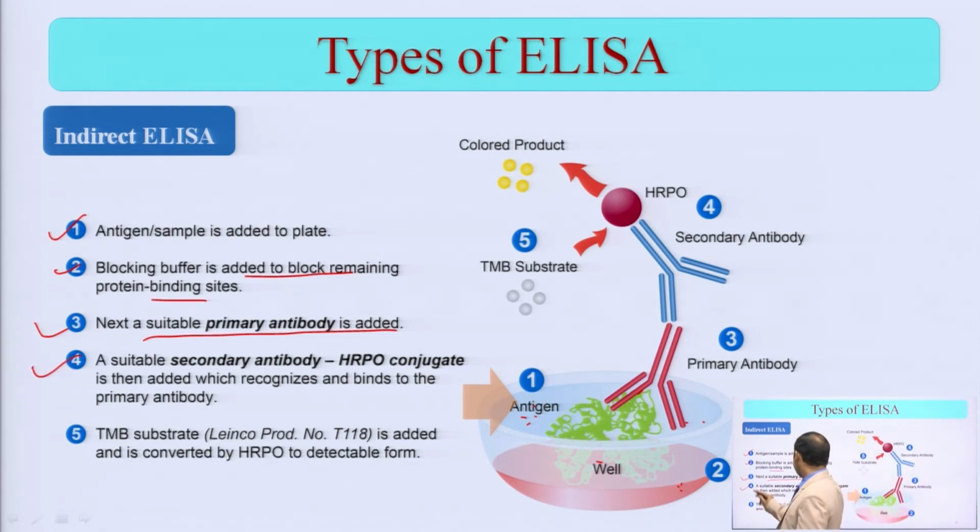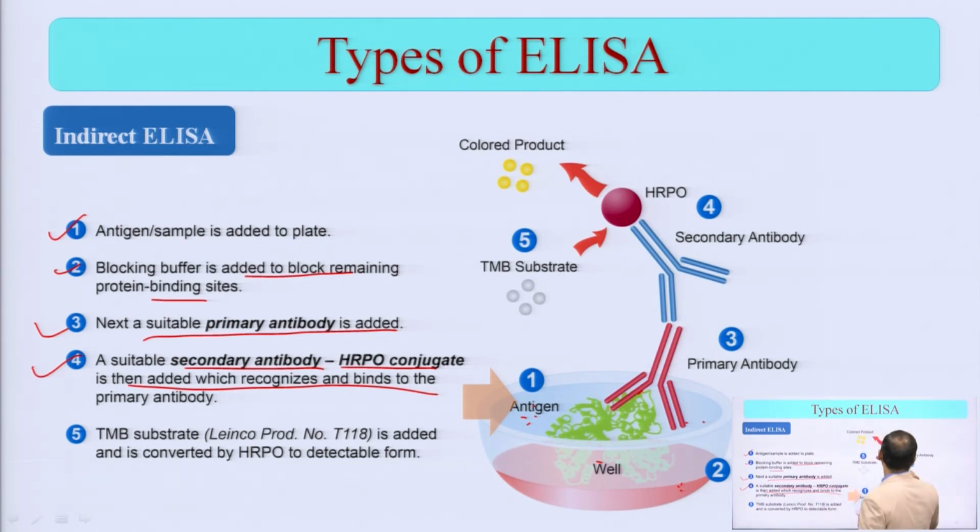Then what are you doing? You are adding a secondary antibody, an HRP conjugate, which recognizes and binds to the primary antibody. This is the secondary antibody. Why have you added it? To get the result much clearer. The HRP secondary antibody is a complex.